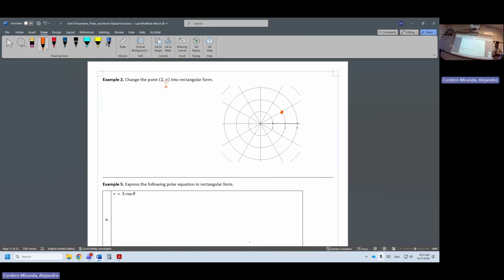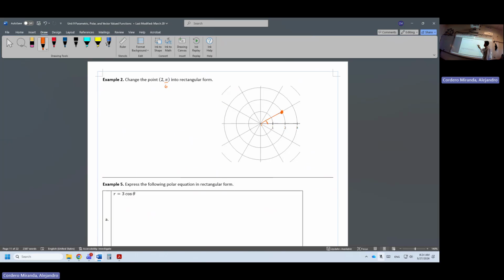And do you guys remember anything about converting this to the point (x, y) rather than (r, theta)? Okay, good. I didn't want you to be bored as I went through this packet. So James, you remember? Yeah, the angle and the hypotenuse.